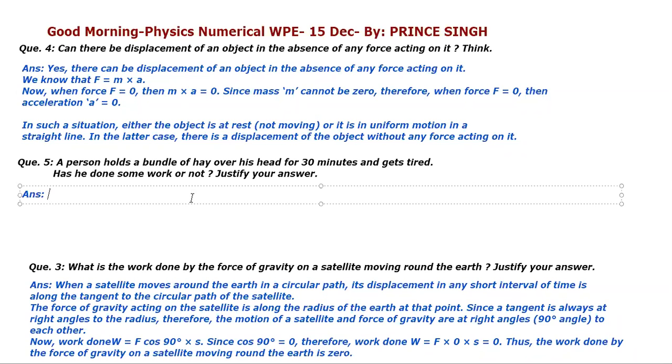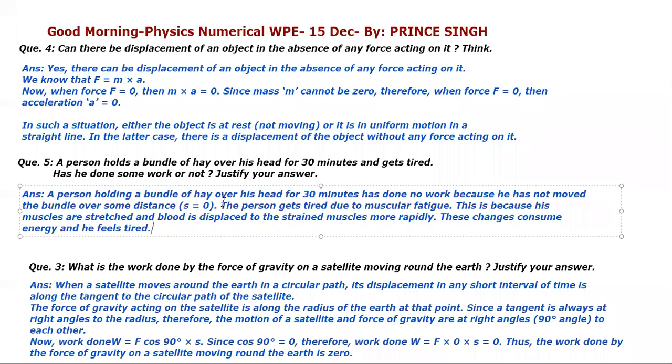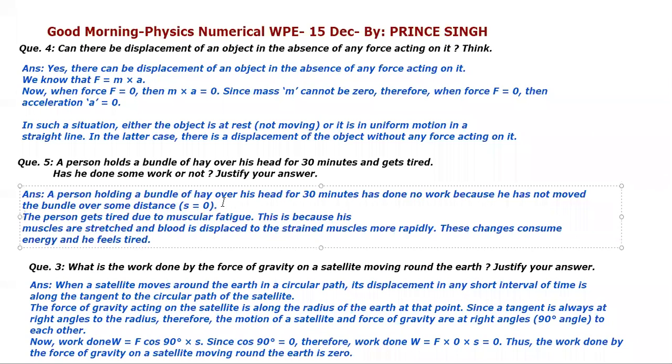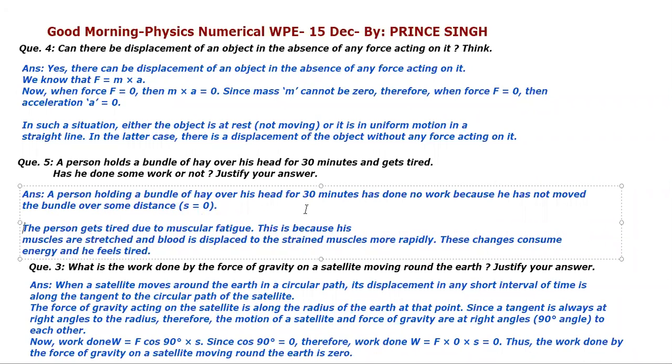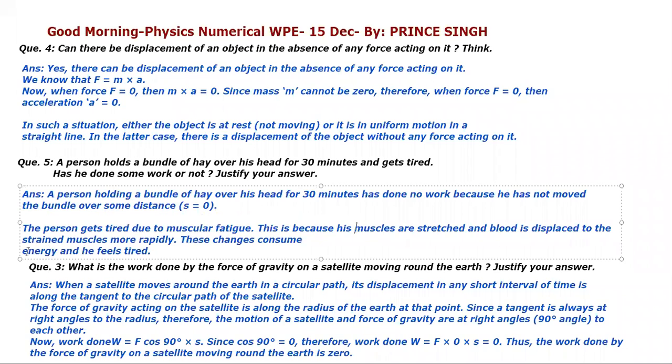So let's see the complete answer. So here is the complete answer. He has done no work because he has not moved. S equals to 0. The person gets tired due to muscular fatigue.